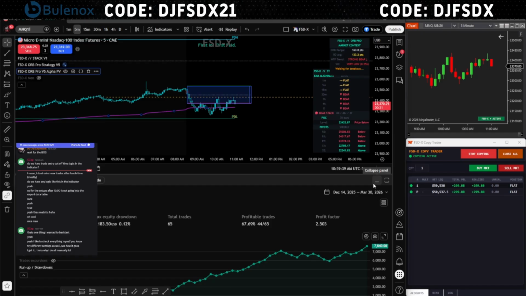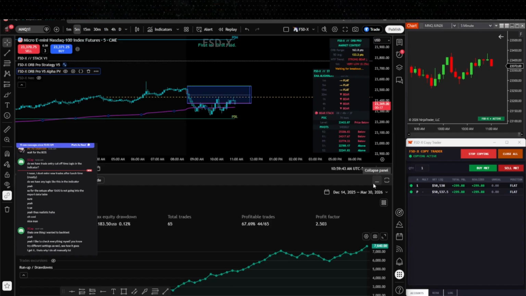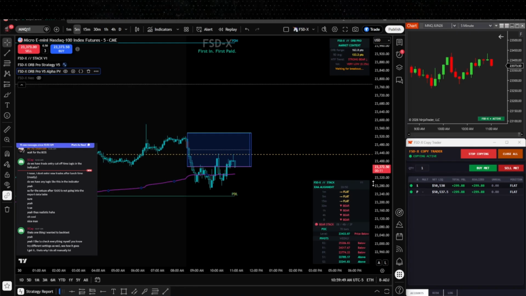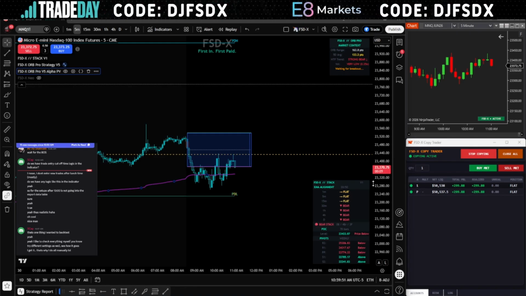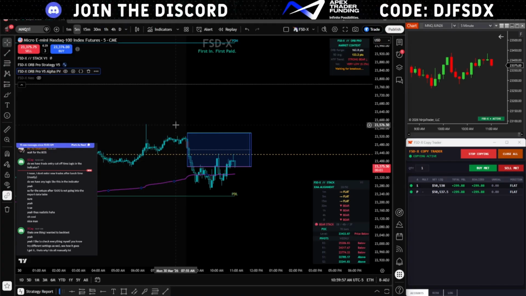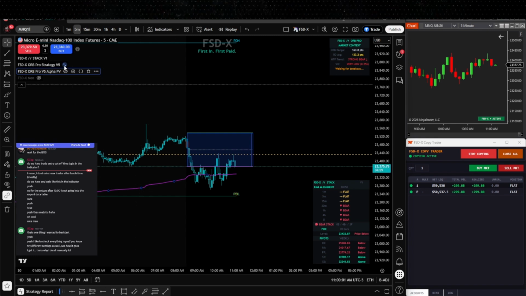It's close enough to where it will give you a correct backtesting result, but there's always a percentage of it being off. Even if it was 100% identical to the indicator, it would still have a percentage of being off because of how TradingView enters trades, like slippage and all that stuff.